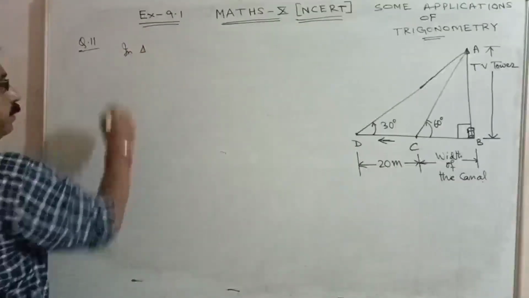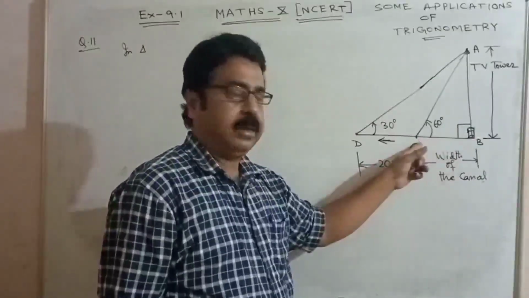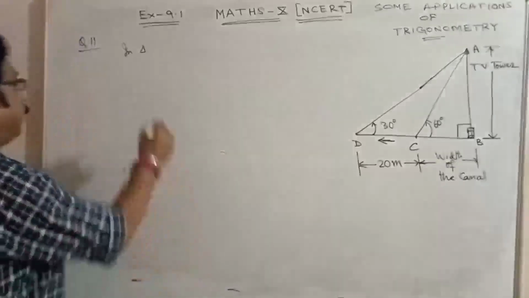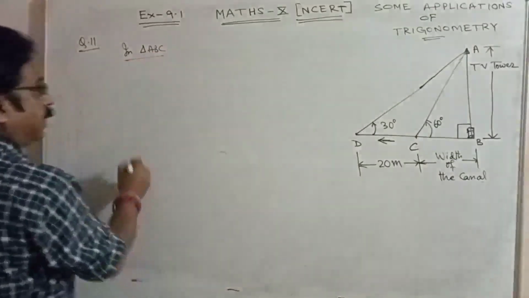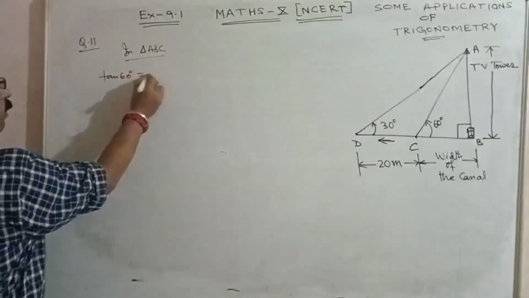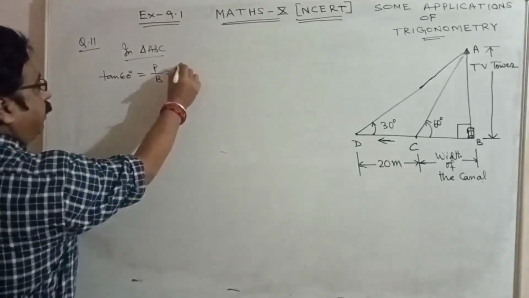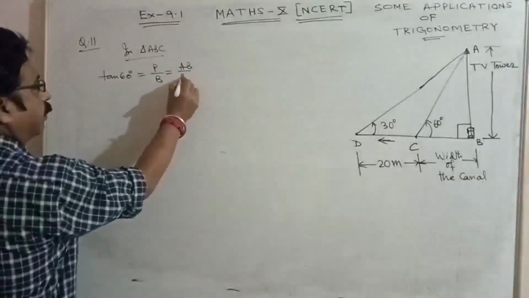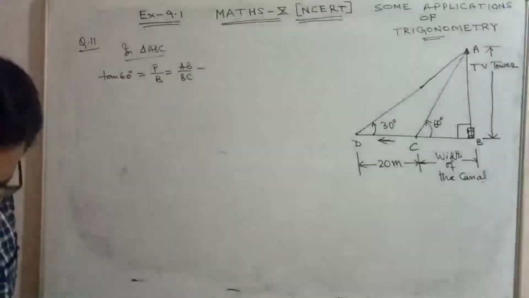In triangle ABC, perpendicular is AB, base is BC. Tan 60 degree is perpendicular upon base. Perpendicular is AB, base is BC. AB and BC both are unknown.